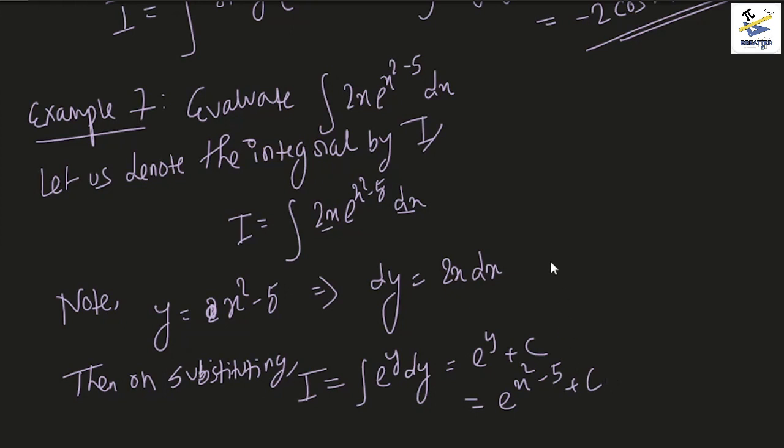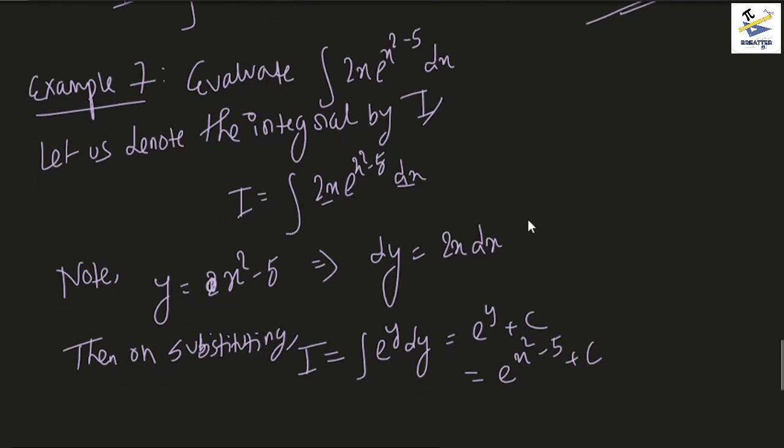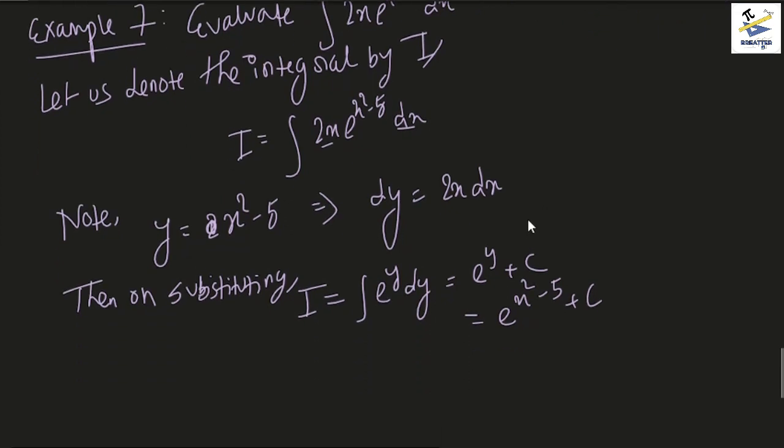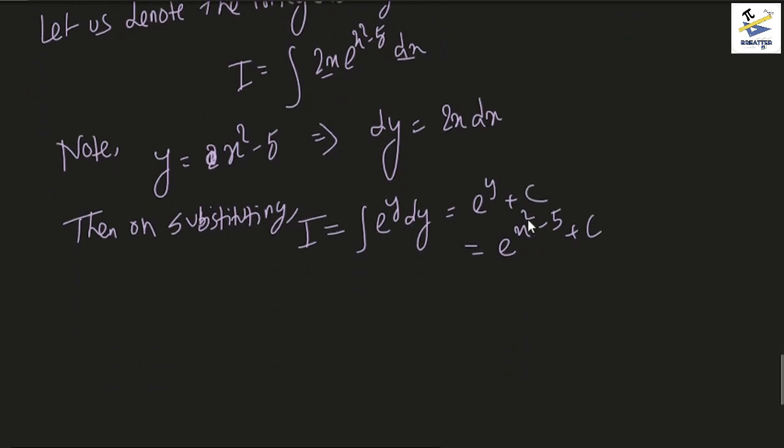So for this type of integrals, if you find the derivative of a term directly present inside the integral, try to substitute for that term so that you can reduce it into a common integral, or an integral that you know of, okay? Because only then would it be easier for you to find out what to do.